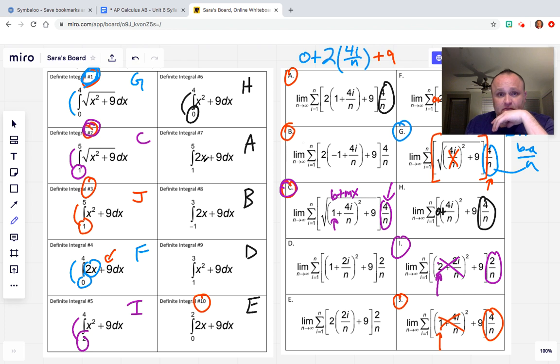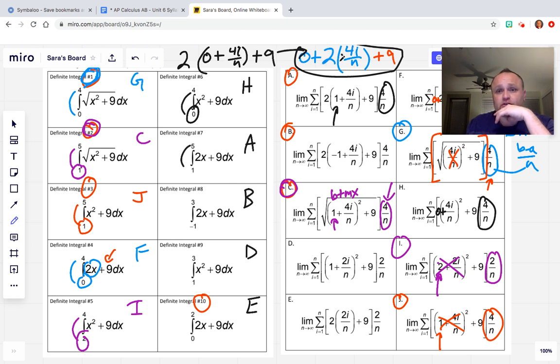The jump is by 4. Yes, we have that. It starts at 1. Okay, so the way we were seeing this, my mistake on this, some of you probably are thinking about that right now. It's going to be 2 times 0 plus 4i over n, okay, and that'll all be plus 9. That's the correct actual notation, showing that it starts at 0.